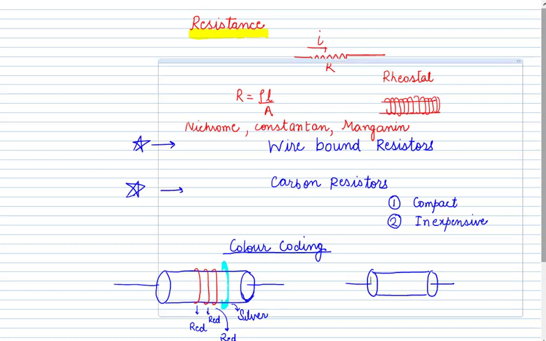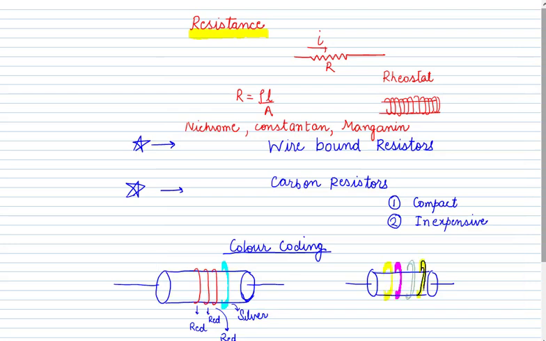It may be a yellow, then a violet, and it may be brown, and then a golden. Such types of carbon resistors are present.